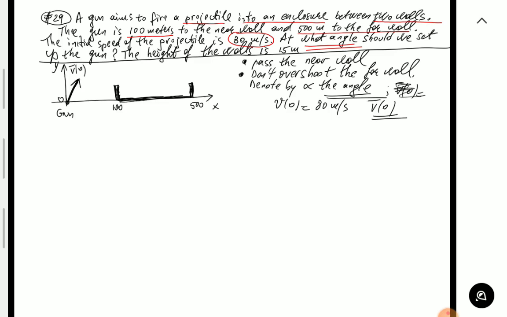V bar of 0. And then as the projectile moves in the air, the only force that acts on it is going to be gravity, the gravitational force.